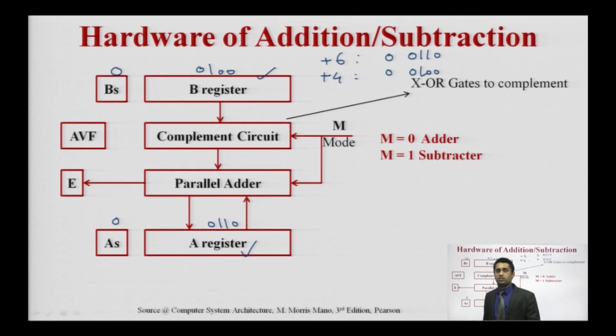If this register is of 8 bits, then the MSB 4 bits are 0 because we need to complete a particular number. If B is a negative number, in this case BS is converted to 1. This is a single bit register, which is also known as a flip-flop, because a register is carrying all the flip-flops.